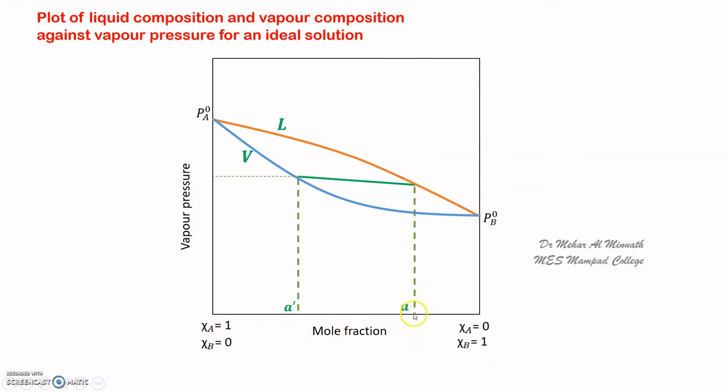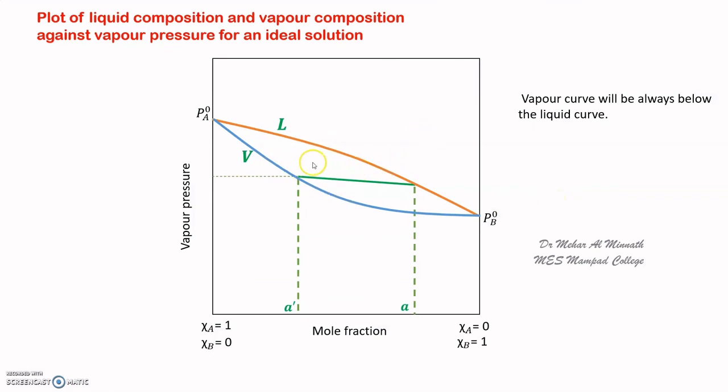When you look at A, the mole fraction of the component A is less, isn't it? Because chi A is approaching 0 as you go to the right side, while the mole fraction of component A in the vapor phase is more. That is what Konovalov's rule says. So this is the graphical representation of our Konovalov's rule.